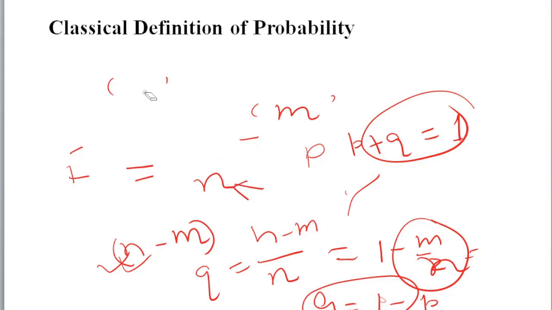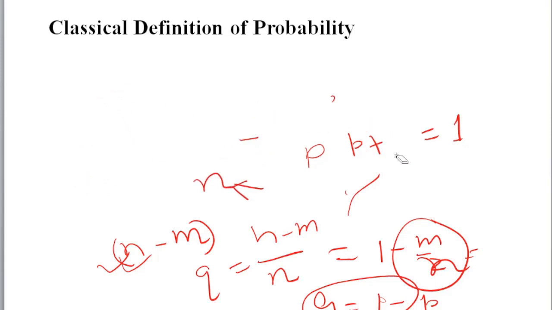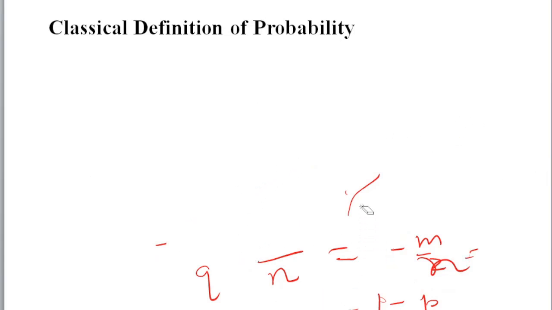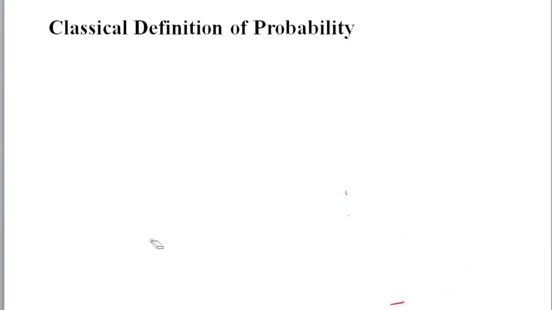Next, we can find the range of classical probability. That means what will be the range of P and Q, that is, the maximum and minimum values of P. As we consider n the number of all possible events, suppose the number of favorable cases is also n. Then the maximum value of P will be 1.